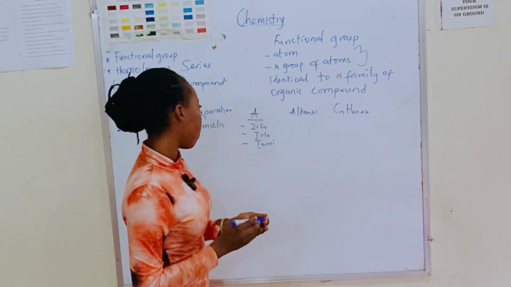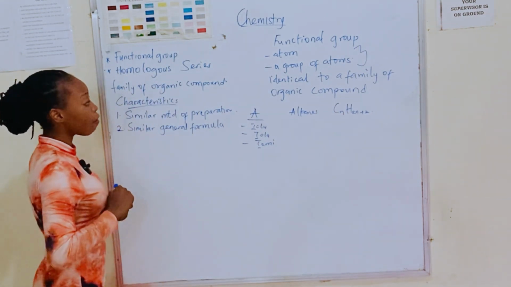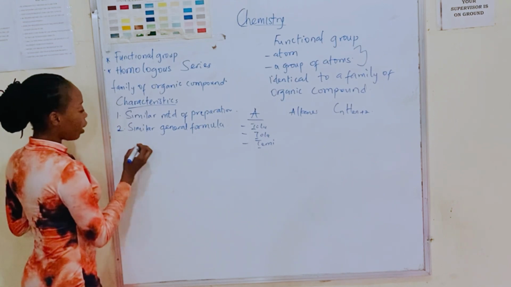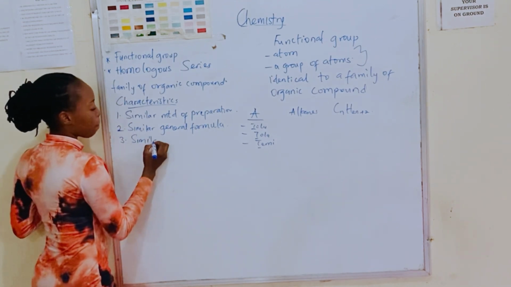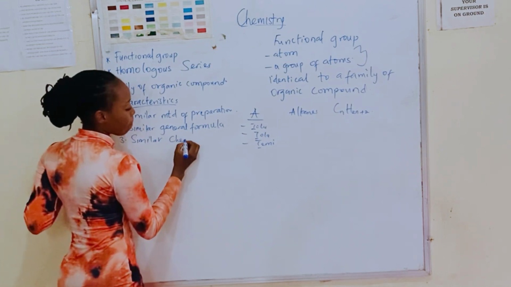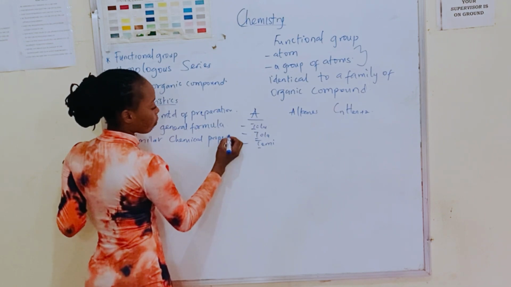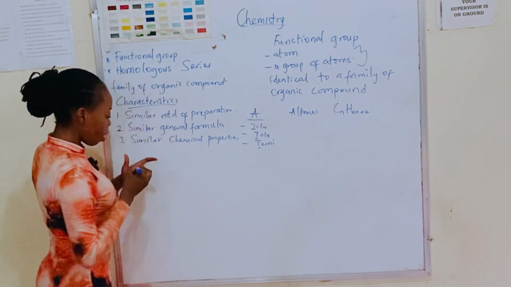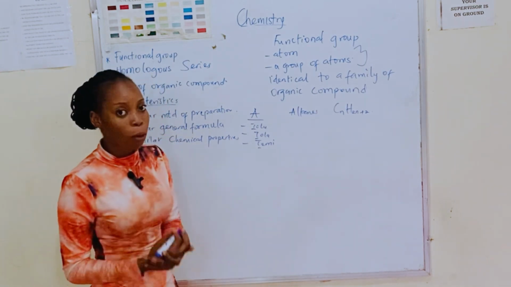Also, another thing that is peculiar to all of them is that they have similar chemical properties. So alkanes or any other homologous series, they have similar chemical properties.